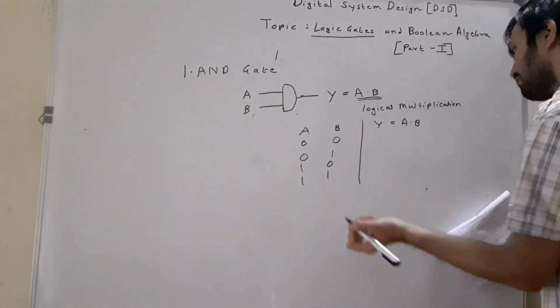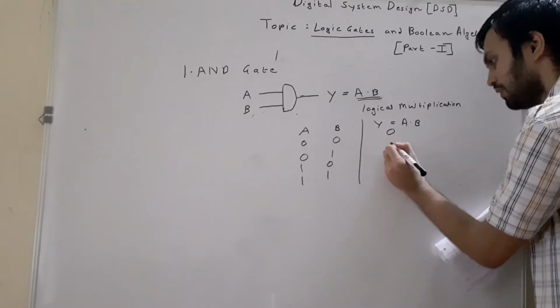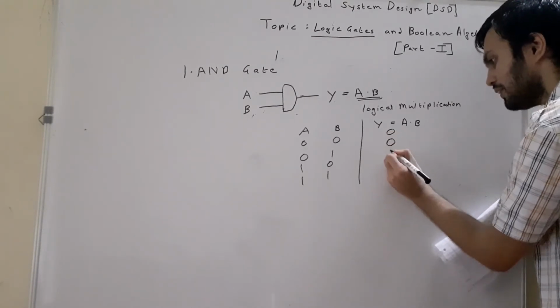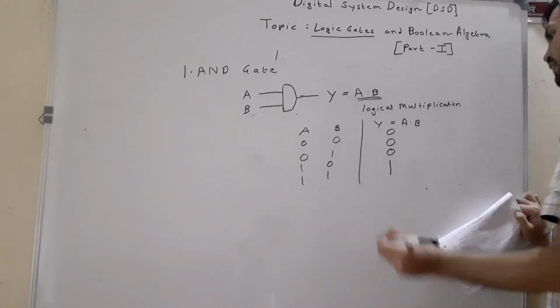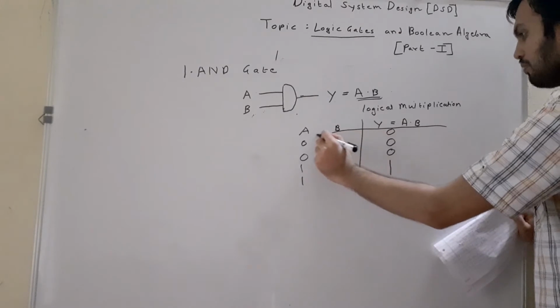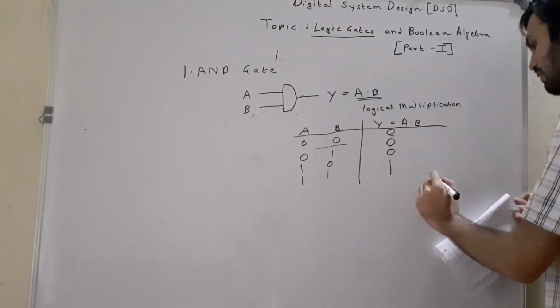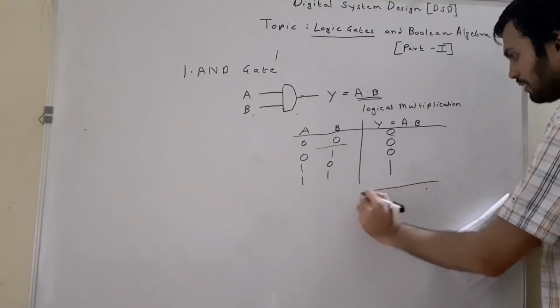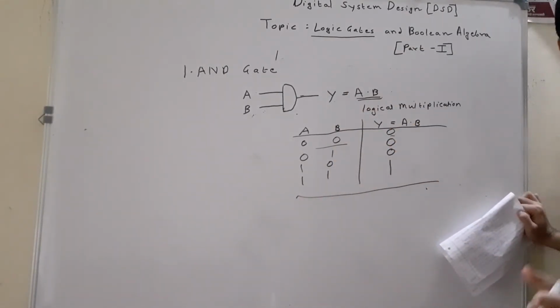So what is Y equal to A into B? 0 into 0 will be logical 0, 0 into 1 will be logical 0, 1 into 0 will be logical 0, and 1 into 1 will be 1. So this is the truth table. Corresponding to input 0 0, output will be 0, as given in the truth table over here. So this is the basic gate number 1, which is AND gate.